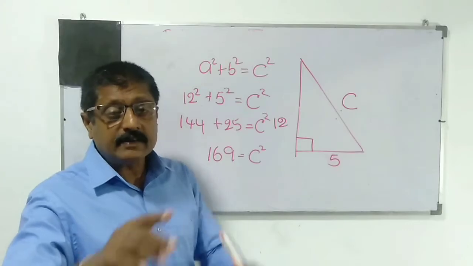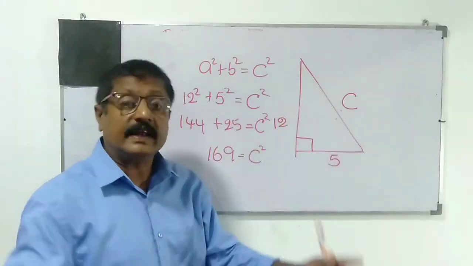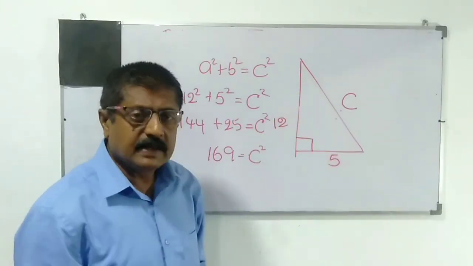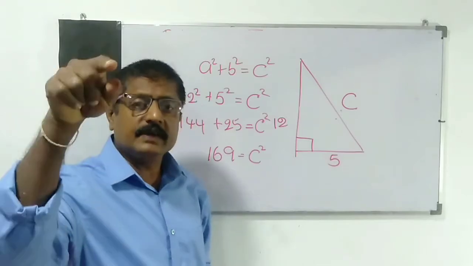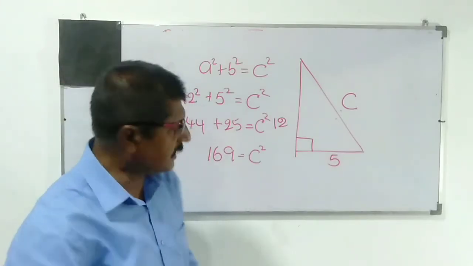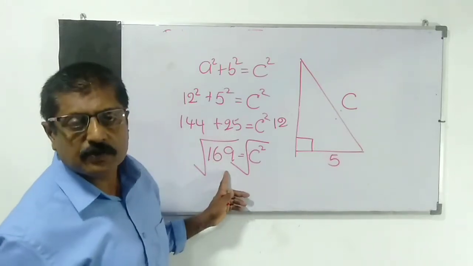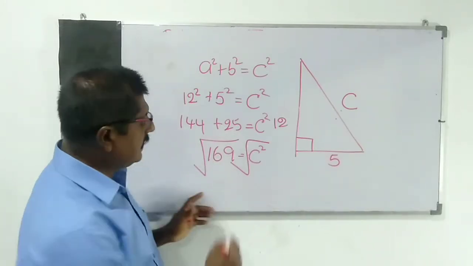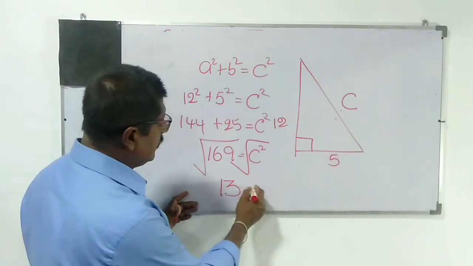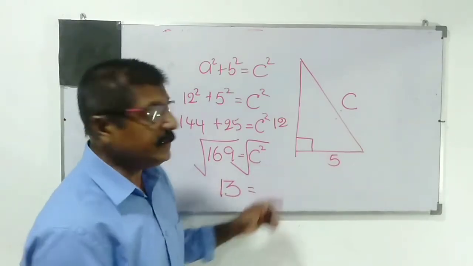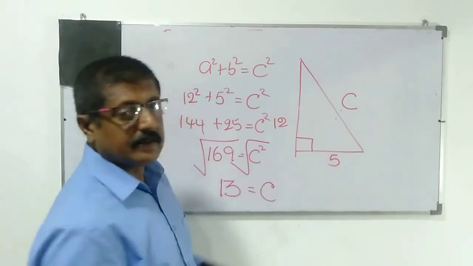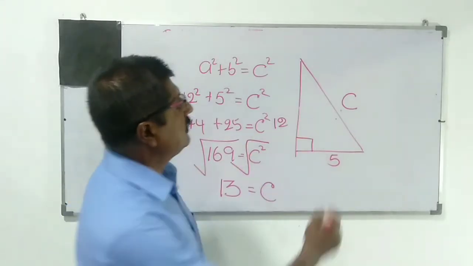Now that is not C, that is not this length, that is the area, a square. Then we have to find the length. Get the square root. What is the square root of 169? That is 13. What is the square root of C squared? That is C. That means the length of C is 13.